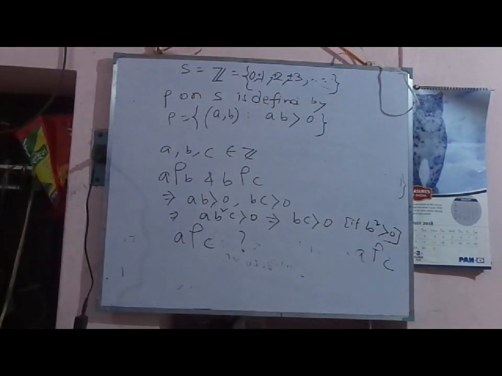Therefore, I have to check whether b squared is positive or not. Students, you can see that b squared cannot be negative, but it can be 0. Since we take the set of integers, b squared may be 0. If we take b equal to 0, then bc is not necessarily greater than 0.